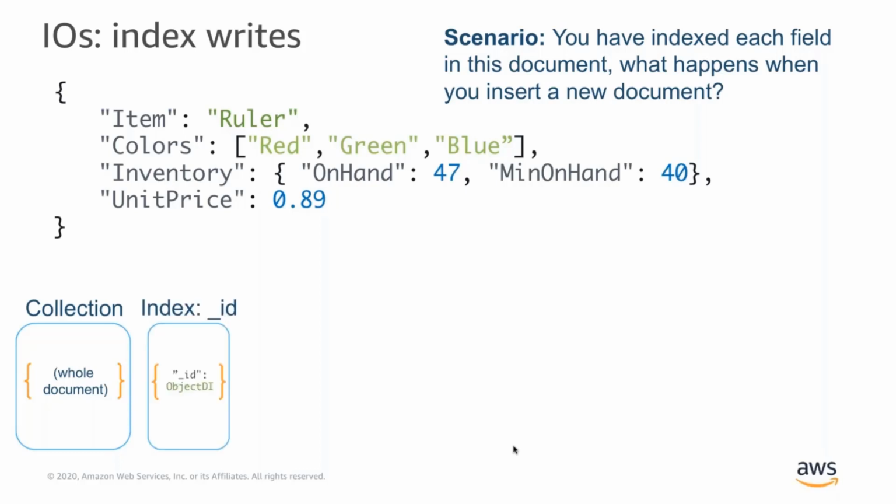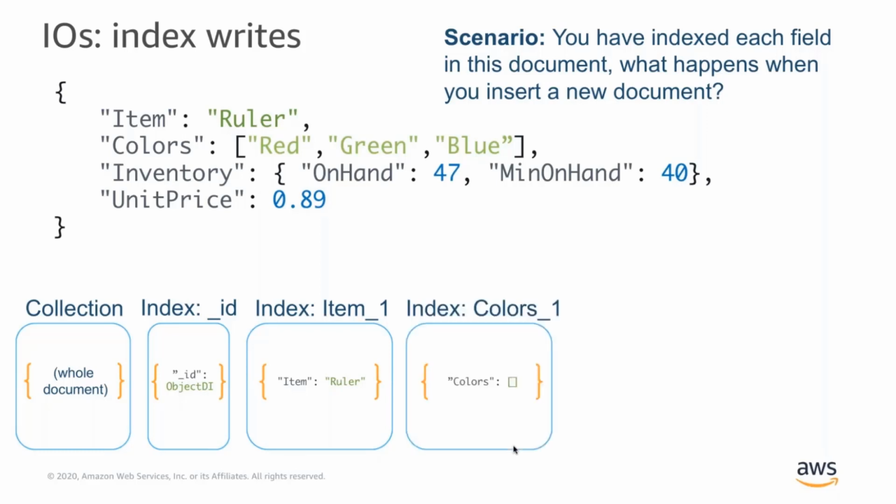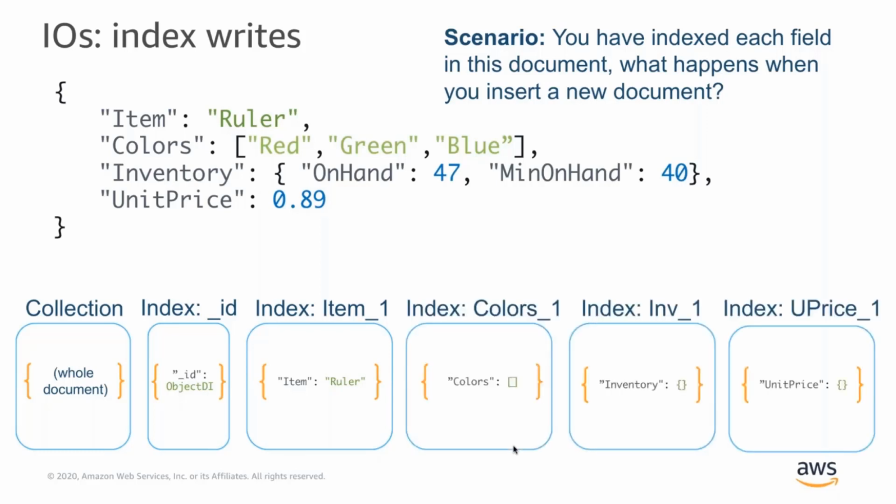So that's one write. You have an index. Every document has an _id index for the object ID, or you can override it. You're going to store a copy of the data, item equals ruler, for you've indexed every field in this document, right? So now you have an index for item, you have an index for colors, you have an index for inventory, and you have an index for price. So now writing one document, you have 6 different writes you have to make in the database so that all the indexes are populated.